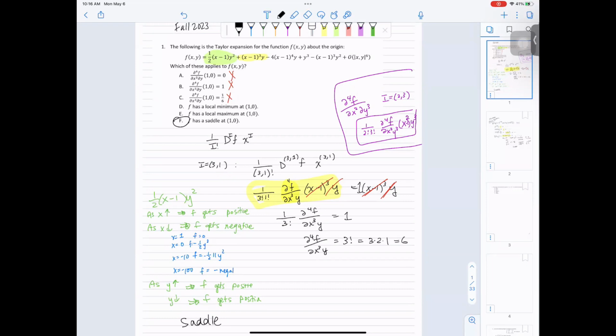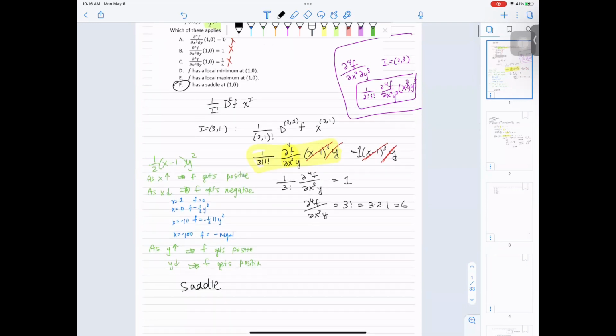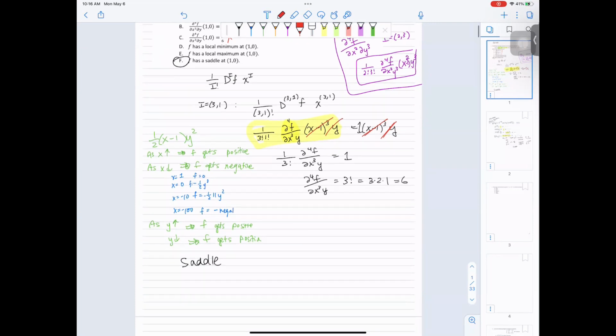Questions on this question? Could you repeat, if it was a local minimum or a local maximum, what would the behavior be? Yes. You start at your critical point and you want to see what happens if x increases and decreases: your values keep getting positive. f gets positive.